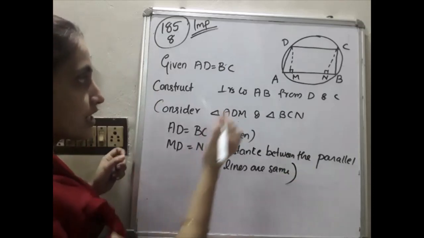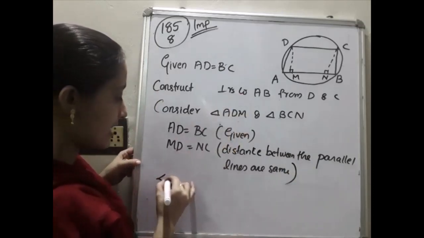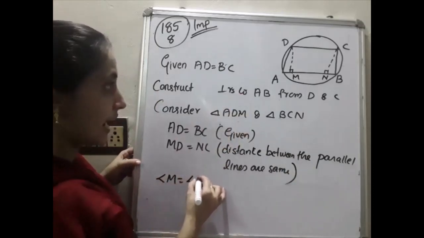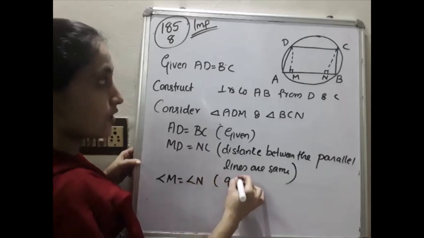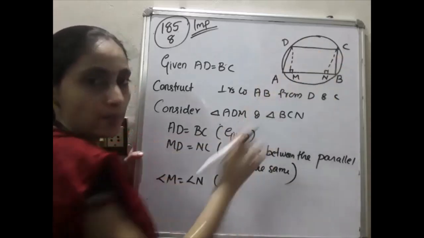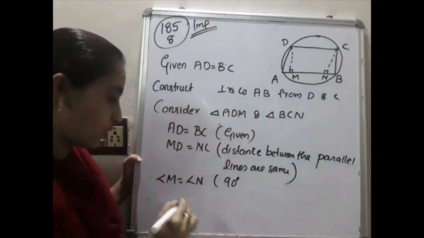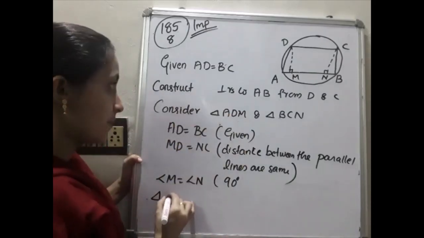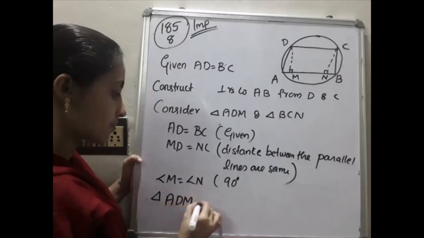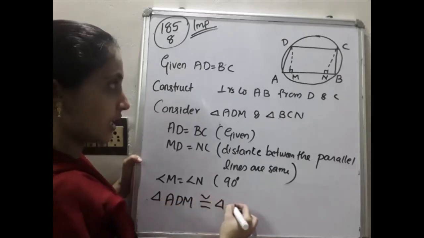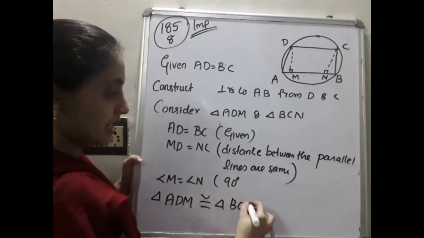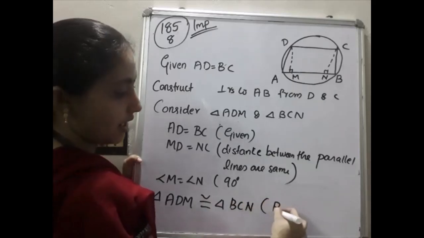Okay, and already one angle is 90 degrees. So angle M is equal to angle N, that is 90 degree. So one side and hypotenuse. Which congruence rule? RHS congruence rule. These two triangles are congruent. So we can write triangle ADM congruent to triangle BCN, rule RHS.